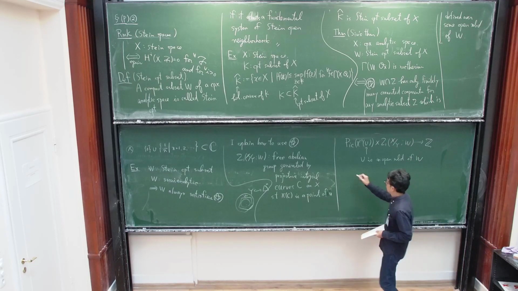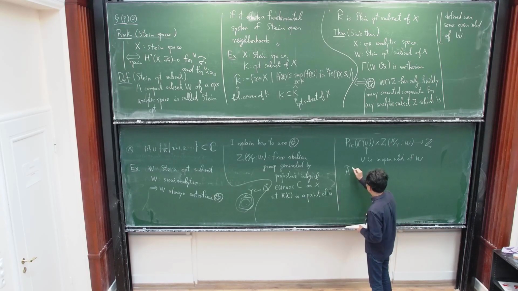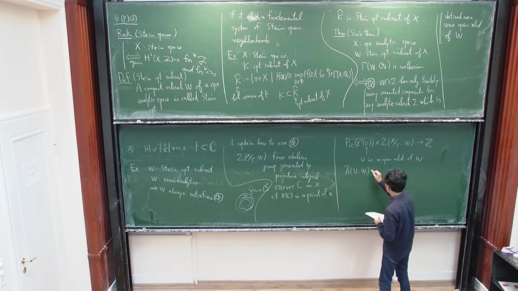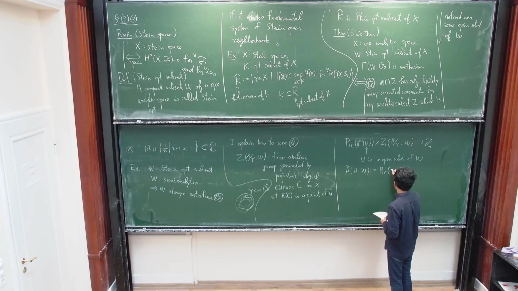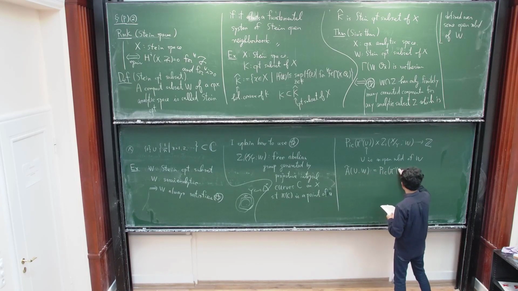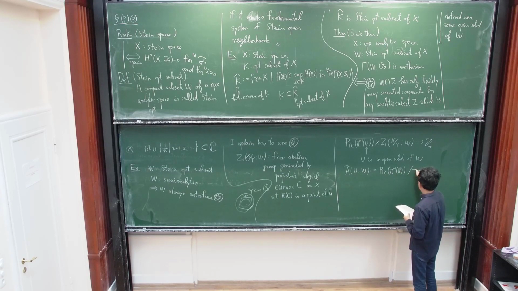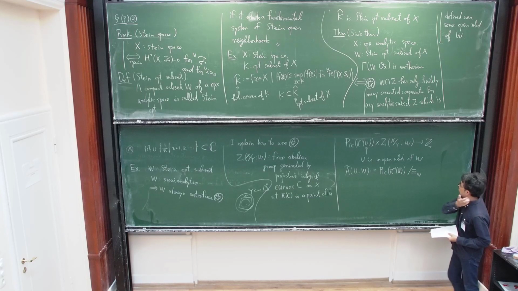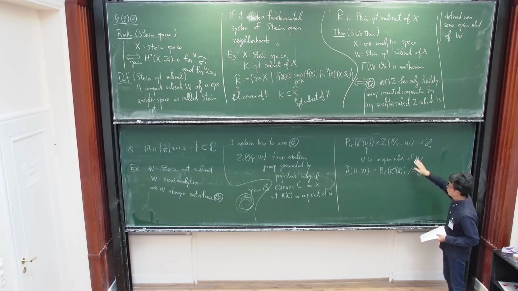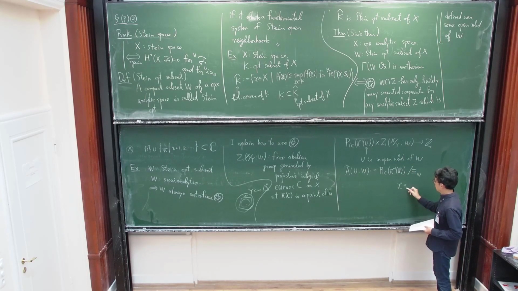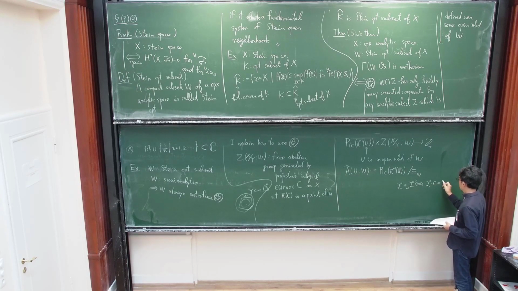As usual, we take the quotient by numerical equivalence over W. By this intersection pairing, we can define the numerical equivalence class: L is equivalent to L prime if and only if L dot C equals L prime dot C for any curve C.